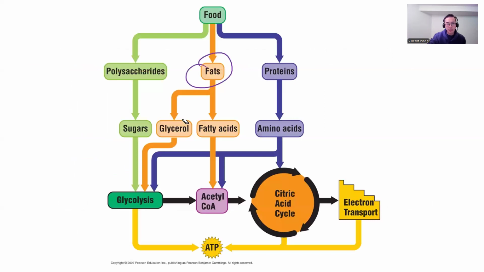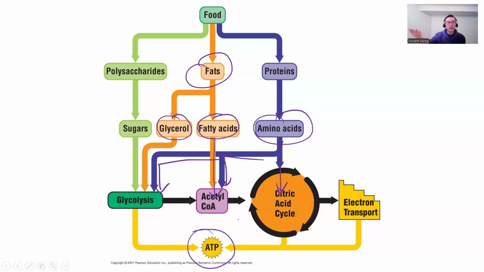This picture basically shows you what I was telling you. The fats can be broken down into glycerol and fatty acids, and the fatty acids can be turned into acetyl-CoA. The amino acids you can feed into different stages depending on which amino acid it is. But ultimately, you're going to produce ATP. Depending on where you feed the molecules in, the number of ATPs you produce is going to be different. If you feed the molecule into the Krebs cycle, you miss out on ATP production from the earlier stages.